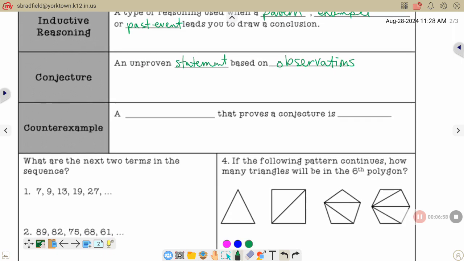And then a counterexample, that's a very specific example. So a specific example that proves a conjecture is false.